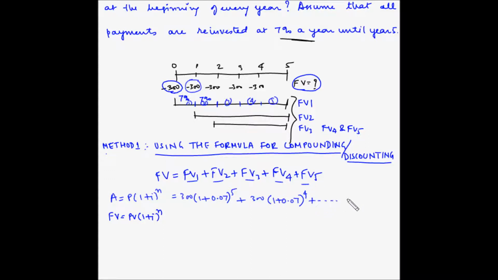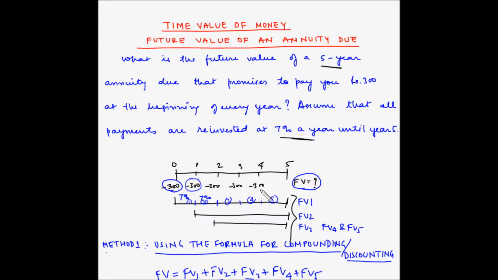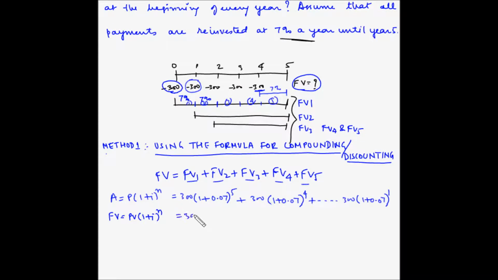And then FV5 will be 300 into (1 plus 0.07) to the power 1, because this fifth installment of 300 rupees will be deposited in the bank for 1 year only, where it will gain 7% per annum. So this is equal to 300 into 1.07 to the power 5 plus 300 into 1.07 to the power 4, and so on, plus 300 into 1.07 to the power 1.